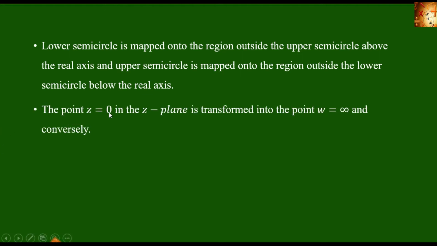Also, Z equal to 0 in the Z plane is transformed into W equal to infinity, and conversely. The transformation W equal to 1 by Z means 1 by 0, that is W equal to infinity. Similarly, if you are taking Z equal to infinity, 1 by infinity means 0, so Z equal to infinity is mapped onto W equal to 0. So these are the nature of the mapping W equal to 1 by Z.